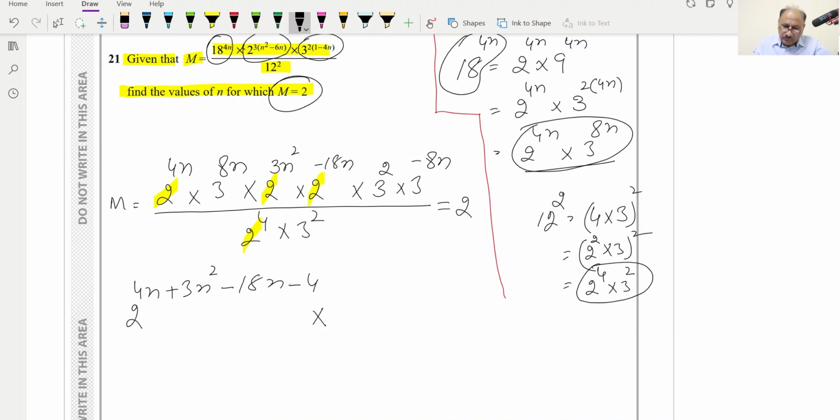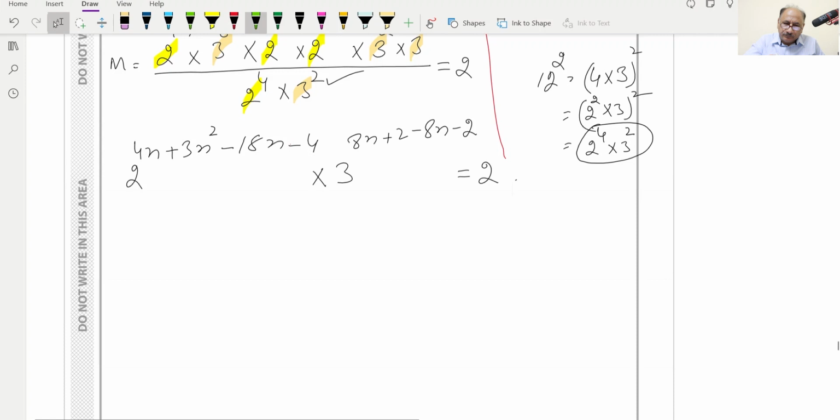And now remaining are 3 raised to the powers, and we can write those terms as 8n plus 2, this one, and minus 8n, and this denominator we can write as minus 2, and this is equal to this one too, so we will write here 2. Hopefully you understood this step as well.